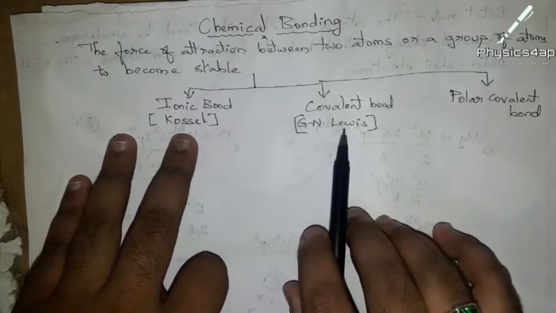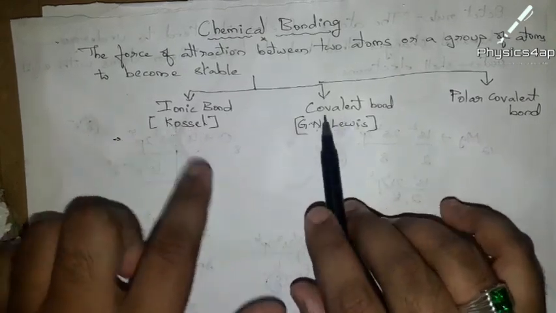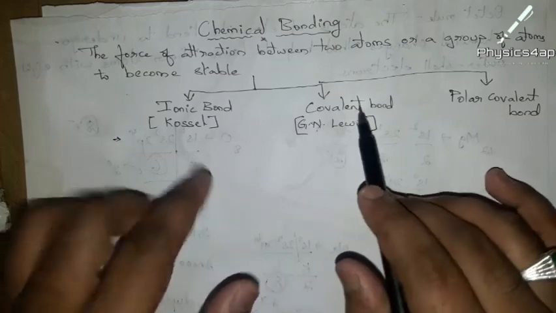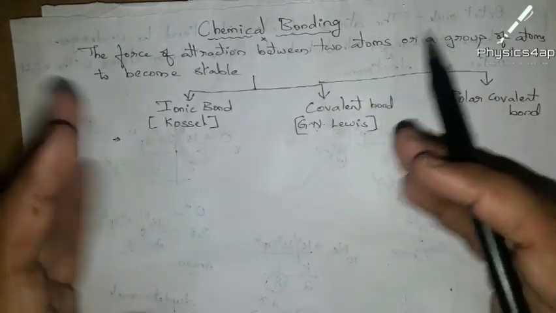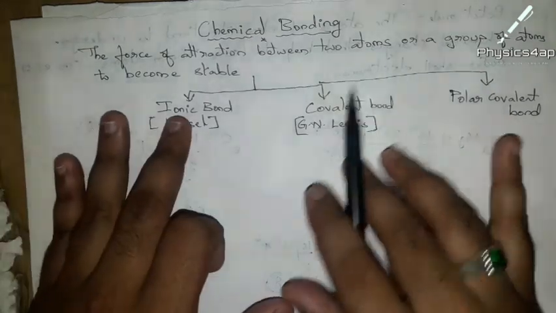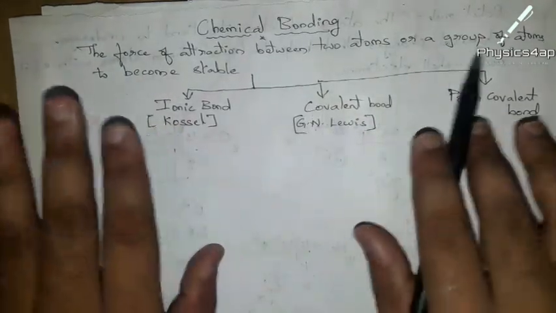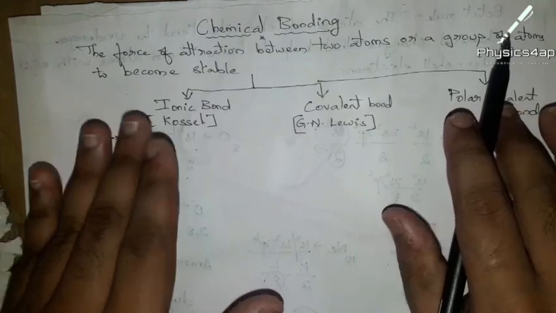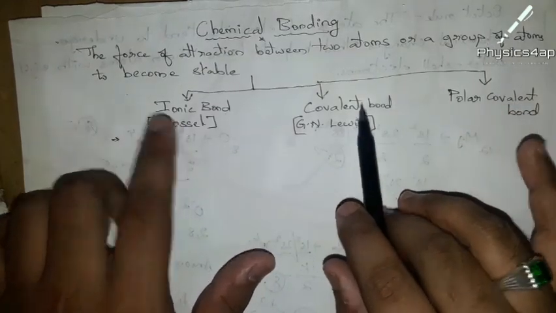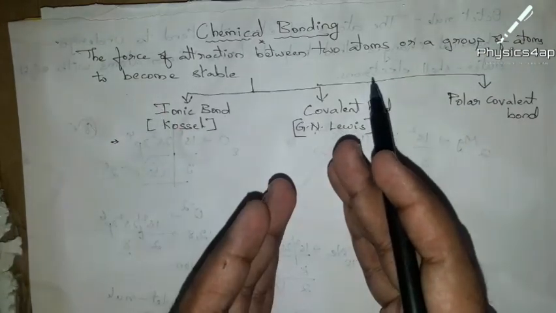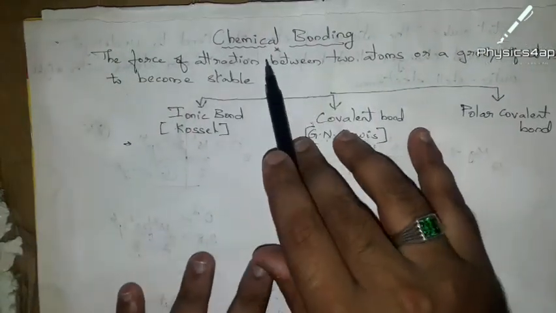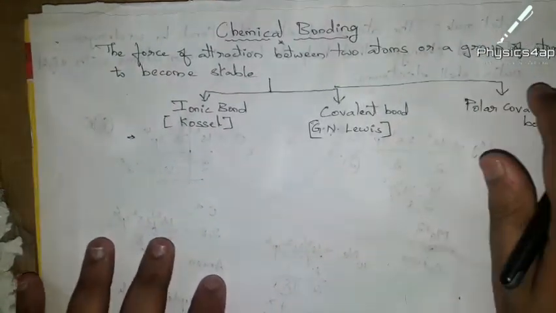Kossel and Lewis did their experimentation in 2 different countries and places, with separate experimental procedures, but as both were done in the same century, the two were combined into a chapter we call chemical bonding.